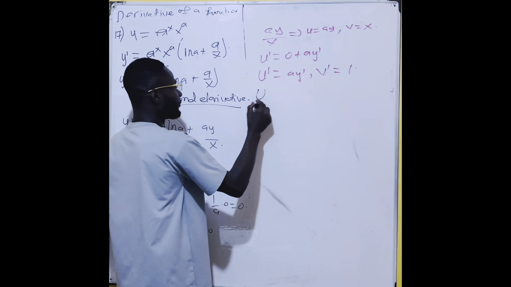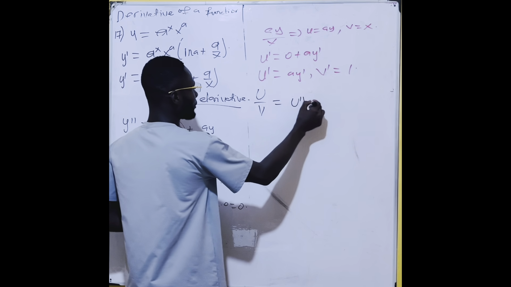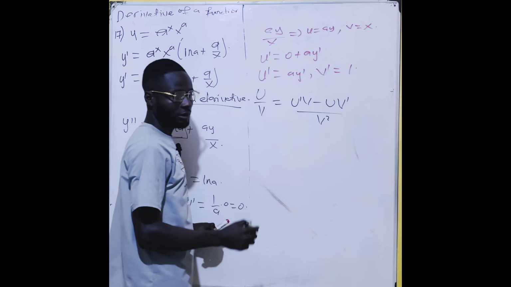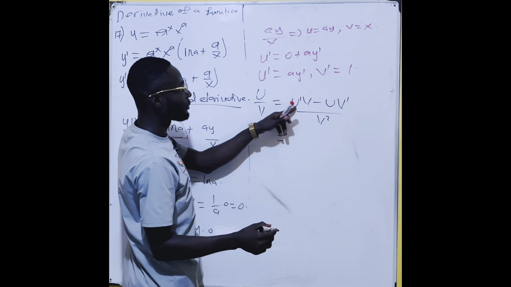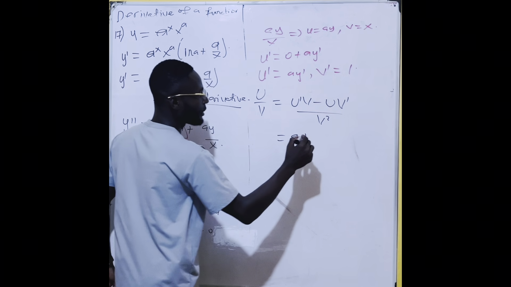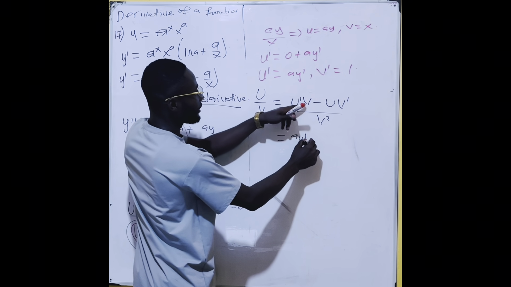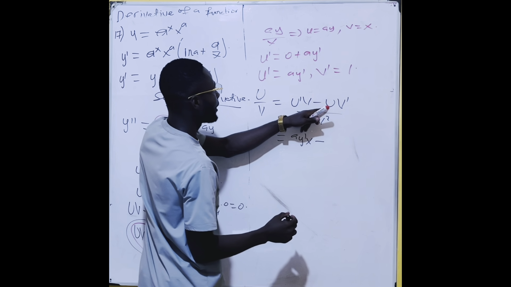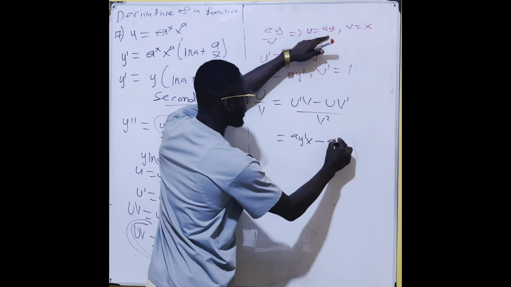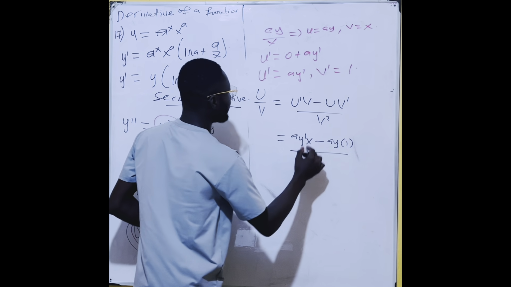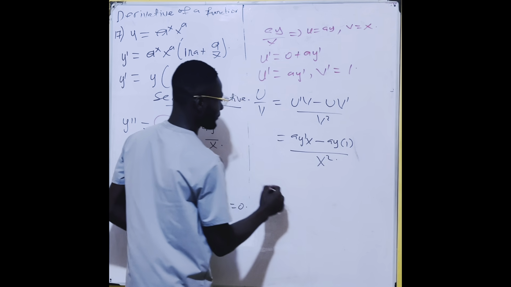So (u over v)' will be equal to u prime v minus u v prime, divided by v squared. So we're going to have u prime is ay prime, and our v is x, minus our u is ay, and our v prime is 1, divided by x squared.